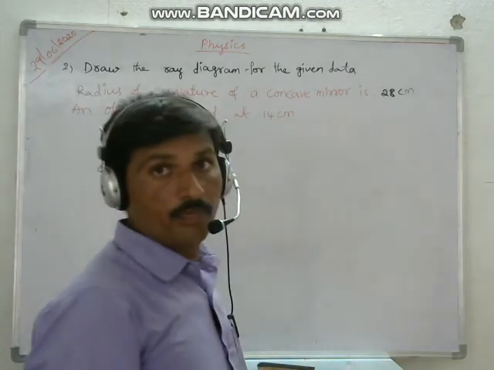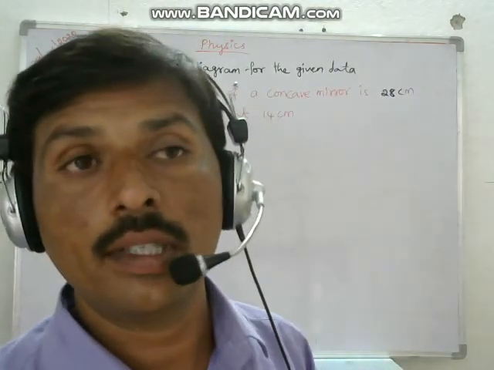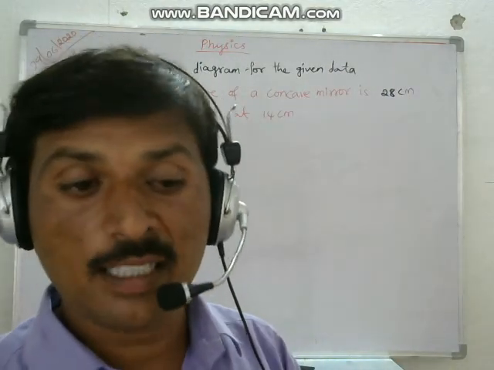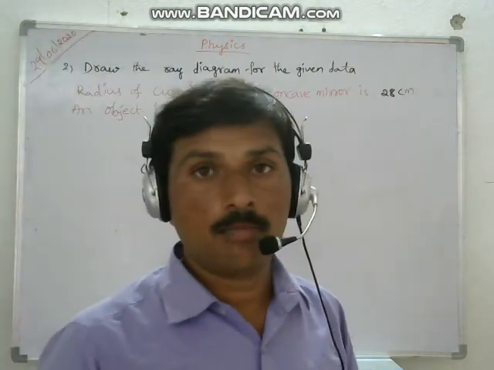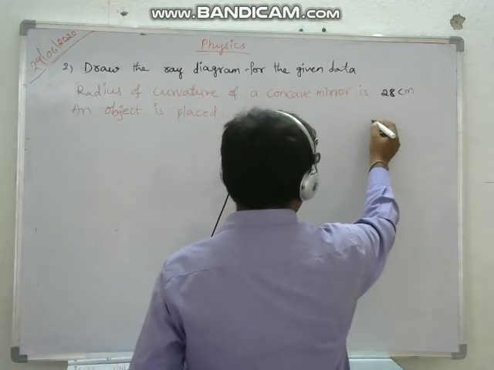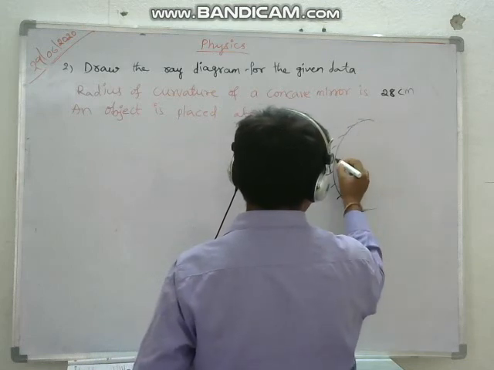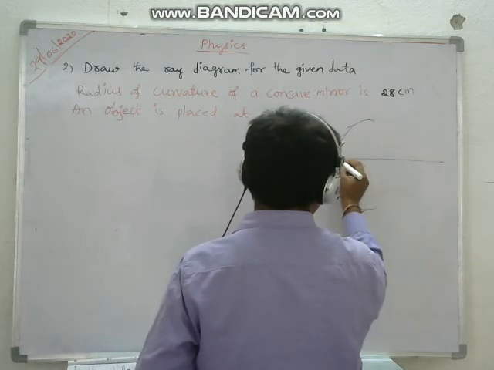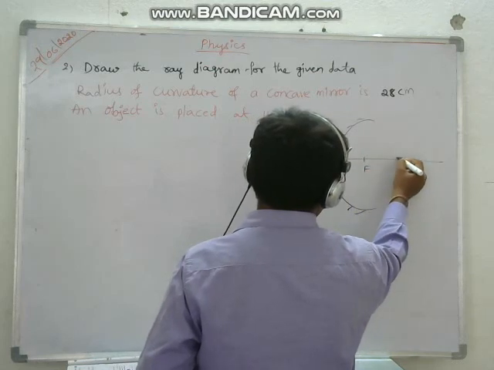Okay, see children, here without finding the image distance, we are going to draw the ray diagram based on the before experiments. Already we know the position of the object. Already we have 6 positions, children. For a concave mirror we have 6 positions: pole, focus, center of curvature.